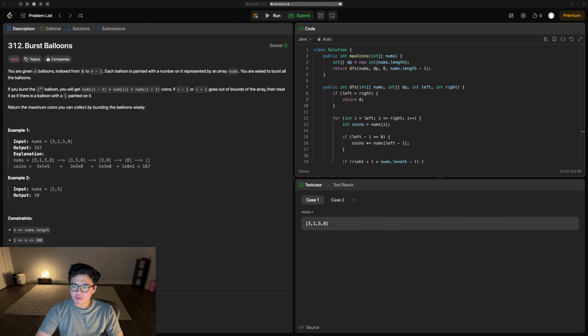Settings, community defaults. That's not it. Unit default. Advanced settings.